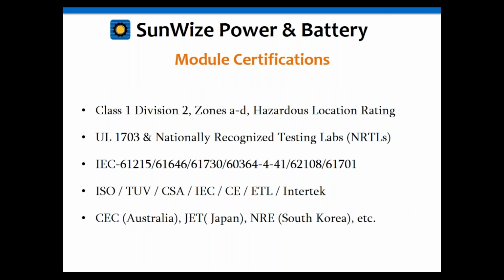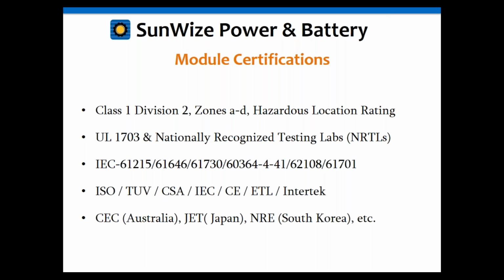Okay, there are various certifications you can have for them. Most people, of course, should be familiar with the UL 1703. That's commonly used for solar modules specifically because it's being used for residential applications. There's also international standards like IEC 61215, and I mentioned earlier the Class 1 Division 2 hazardous rating.